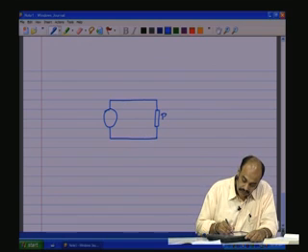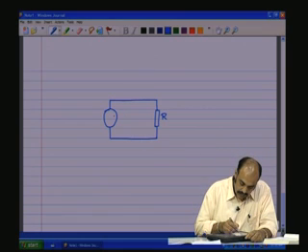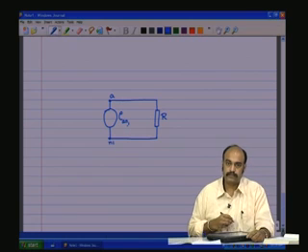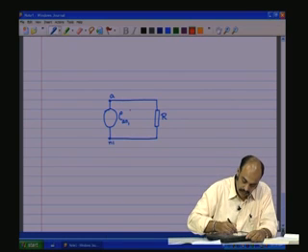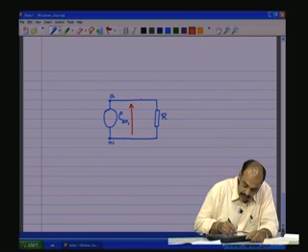This resistive load R is connected across the source, which has 2 terminals. Let me name one terminal A and the other N1, and the voltage across them EAN1. There is going to be a current through this, which we will call IA.